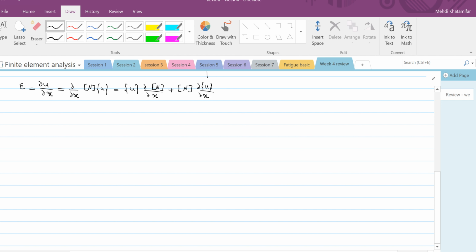And I told you this is 0, because that small u vector is the values for left side and right side displacement. So they don't change by x, so 0 there.